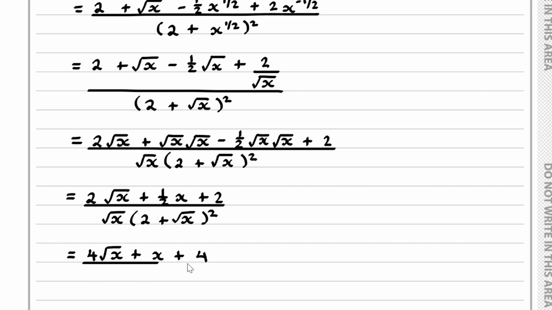And on the bottom, we would have 2 root x times by 2 plus root x squared.